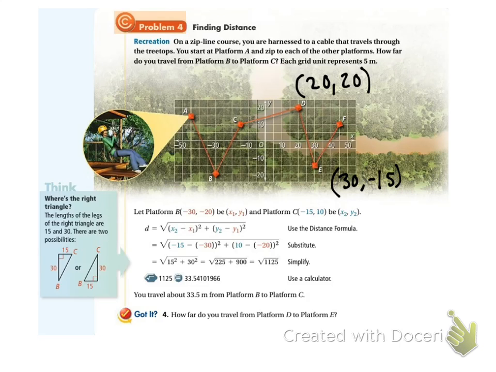So I need to find the distance between those points. So again, my distance formula is x2 minus x1 squared plus y2 minus y1 squared.